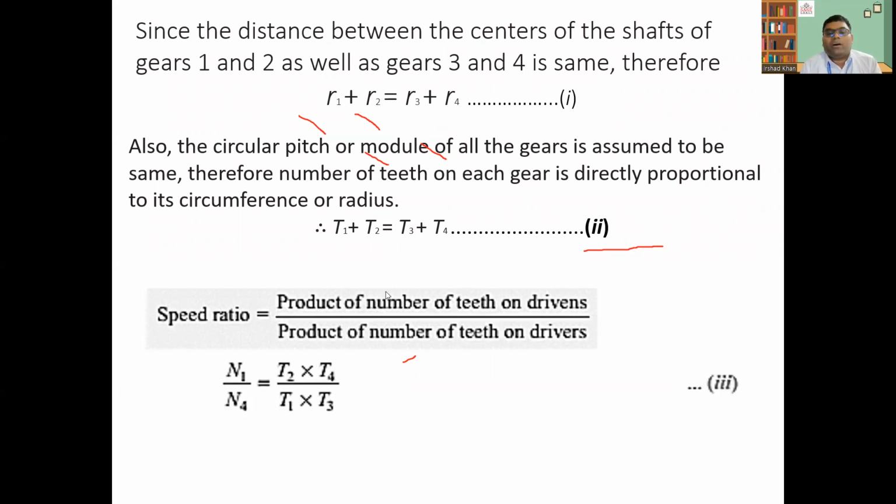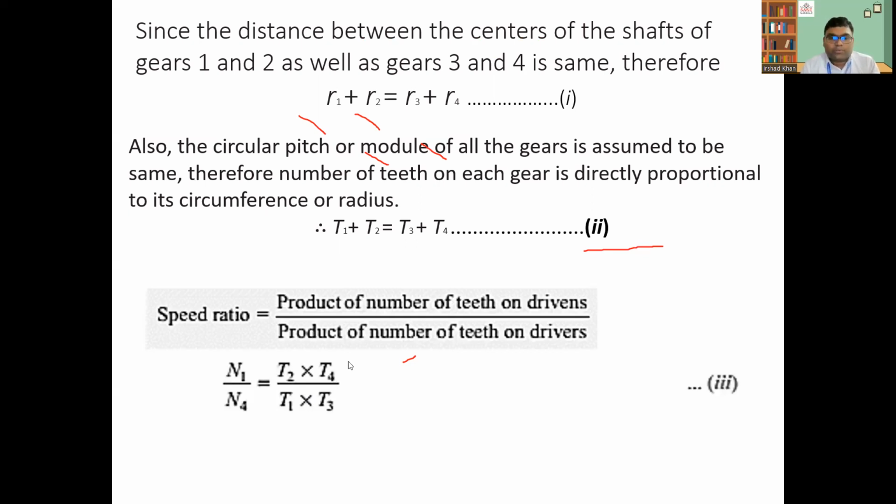And the speed ratio is the reciprocal of the train value. So we can write the speed ratio as N1 upon N4, because N1 is input and N4 is output. Directly we can write it as the product of teeth on the driven gears, T2 into T4, upon the product of teeth on the driving gears.